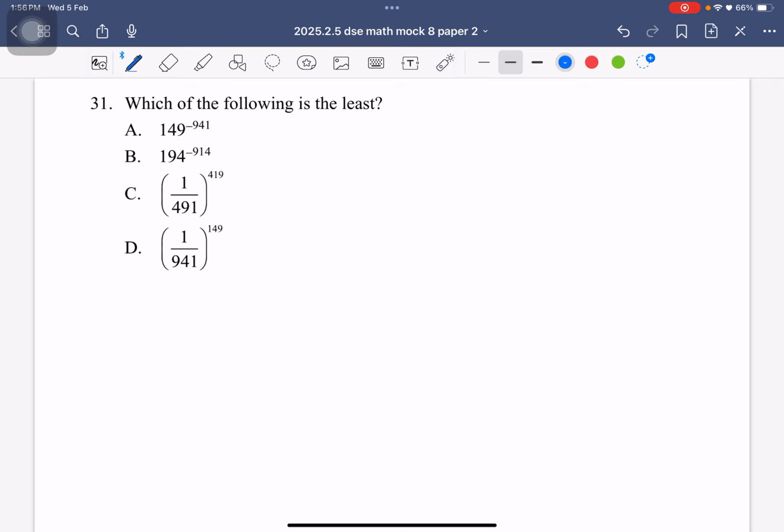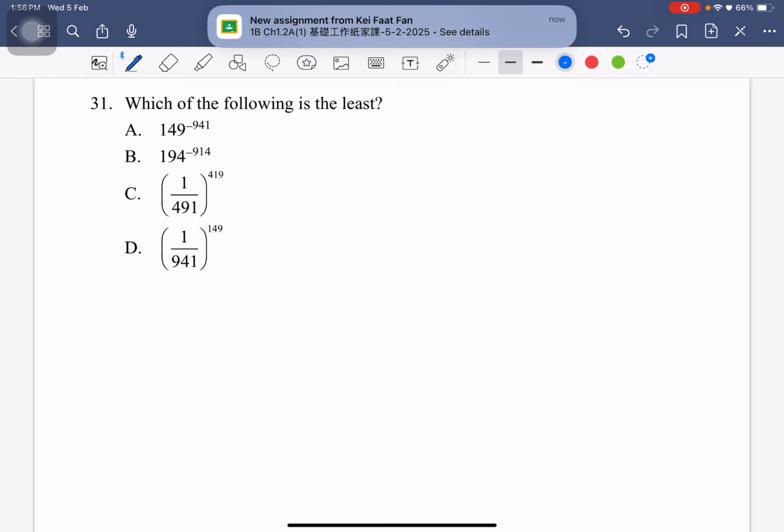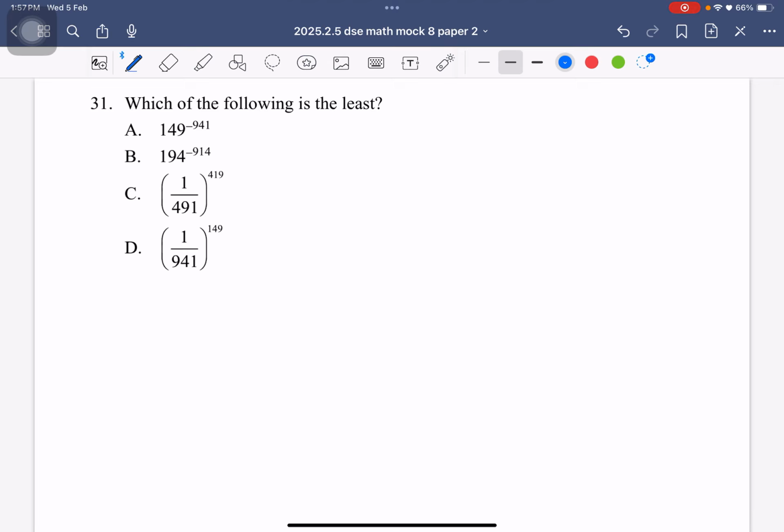Where's your calculator? It's either 0 or math error, isn't it? All of them are 0. So which one is the smallest?